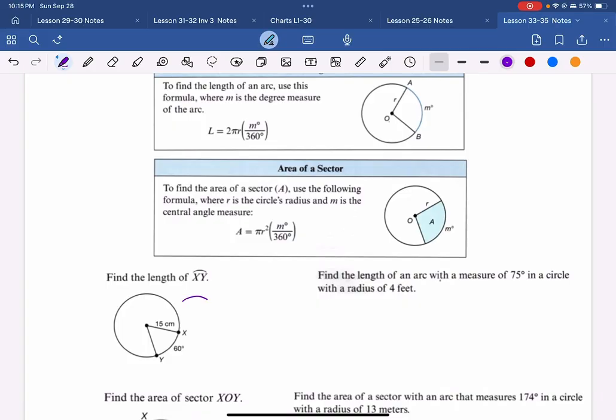So here we have arc xy = 2 pi (15)(60/360). I got the 15 from the radius, and I got the 60 from the measurement given of the arc. Now, when I plug this into my calculator carefully, I get 15.7, and we're going to label that centimeters.